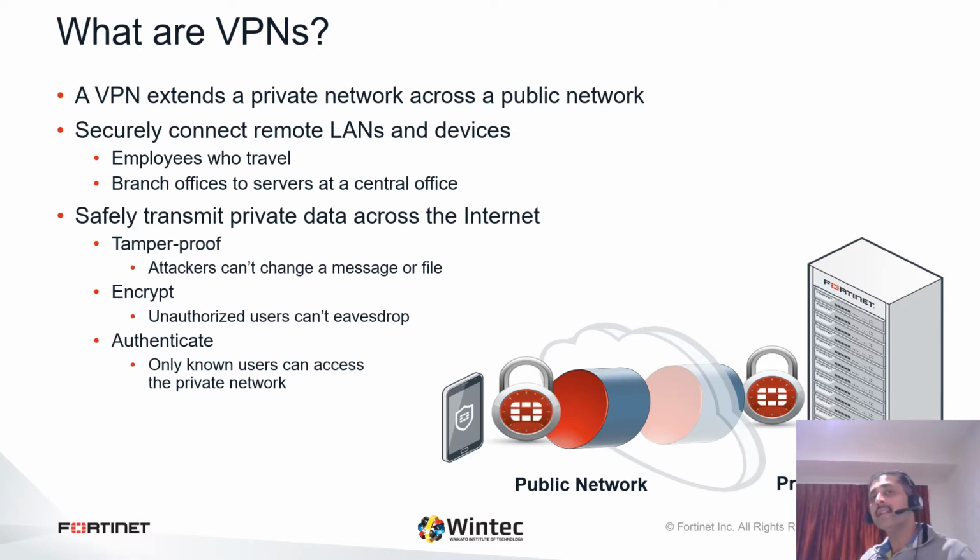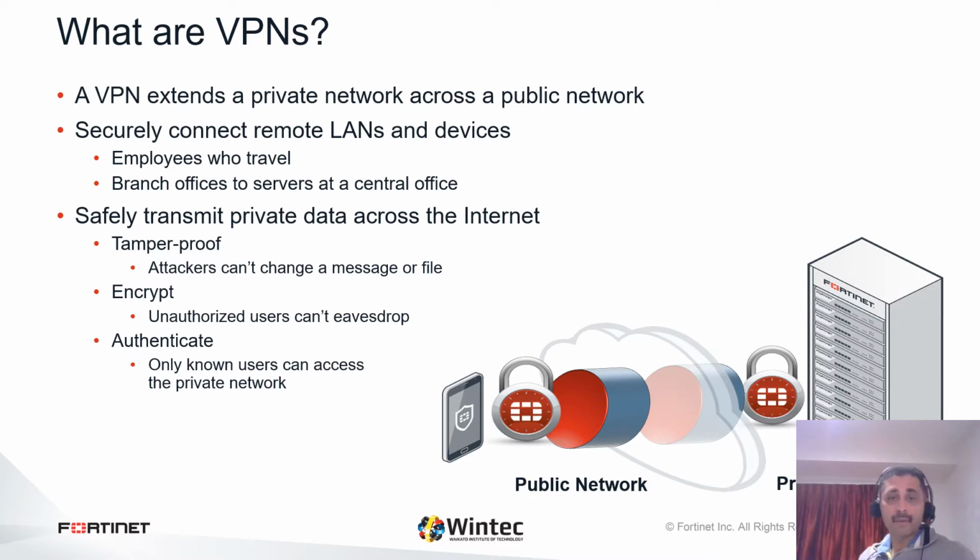User data inside a VPN is encrypted for privacy. It cannot be read even if it is intercepted by unauthorized users. So a man-in-the-middle attack would normally not function when you have a VPN in place. A VPN also uses security methods to ensure that only authorized users can establish a VPN and access the private network resources. They typically also provide tamper proofing.